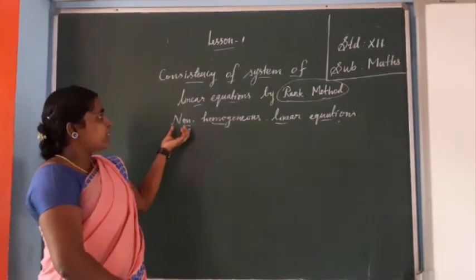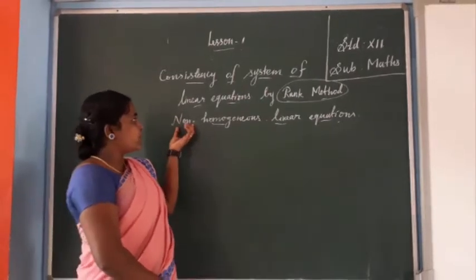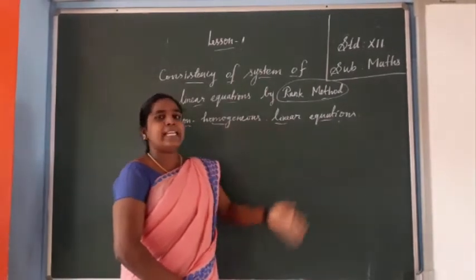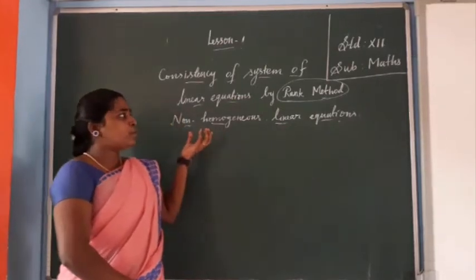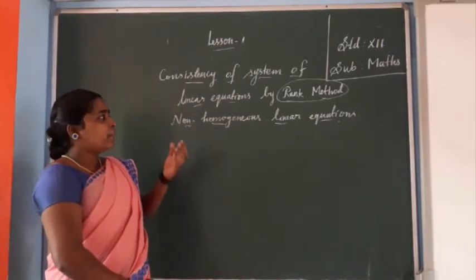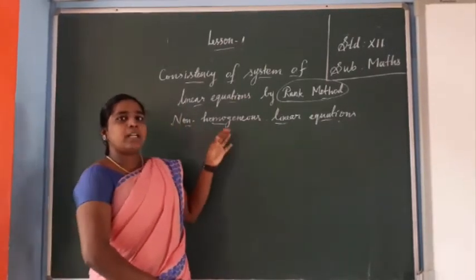So here first we are going to see the condition for non-homogeneous linear equations. Non-homogeneous linear equation means the constant terms are not equal to 0.